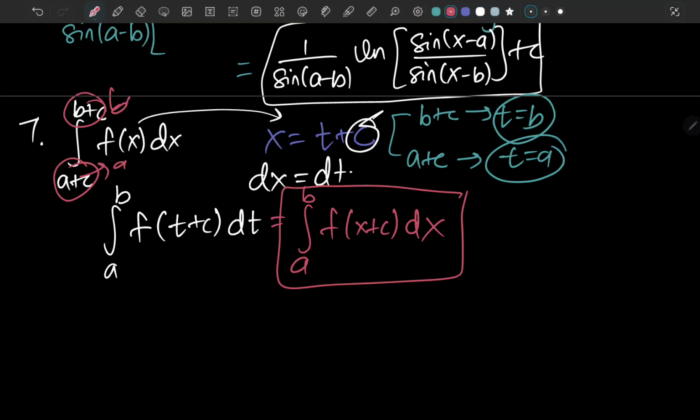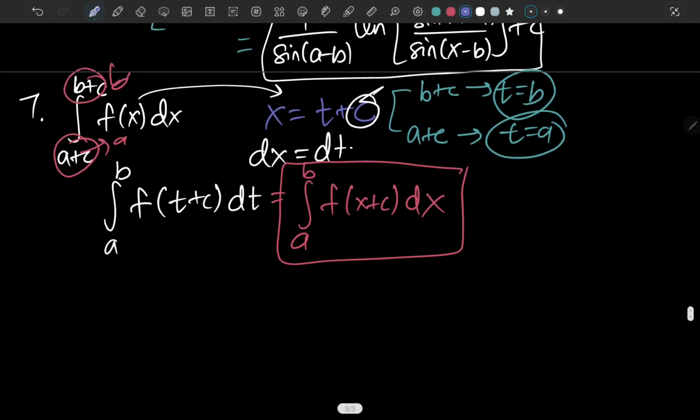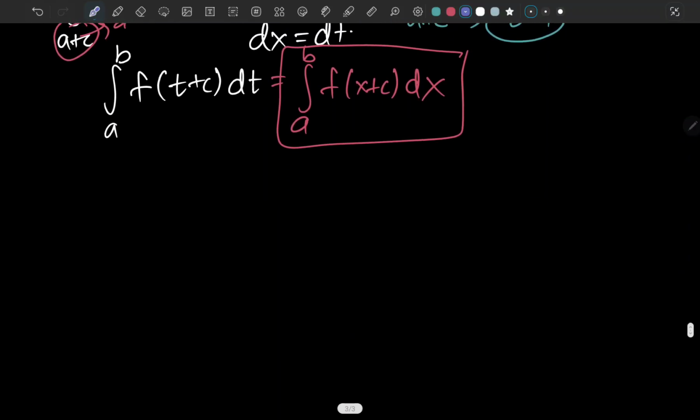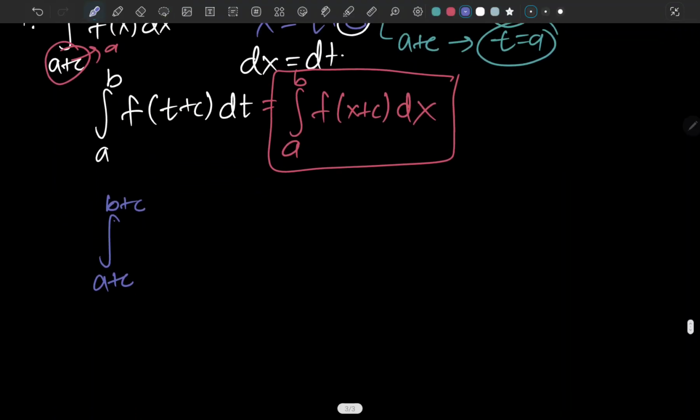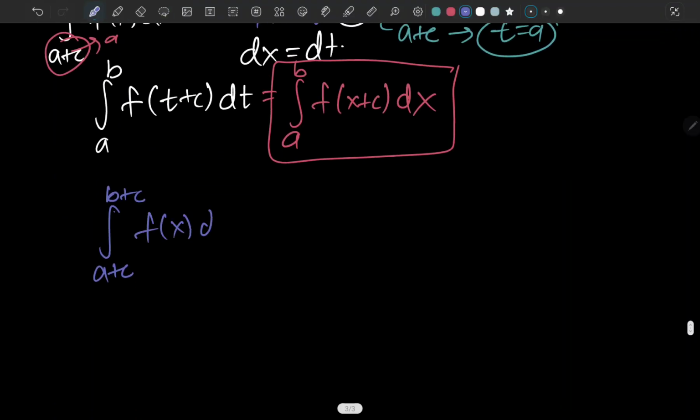So we have an identity that says the integral from a plus c to b plus c of f of x dx equals the integral from a to b of f of x plus c dx.